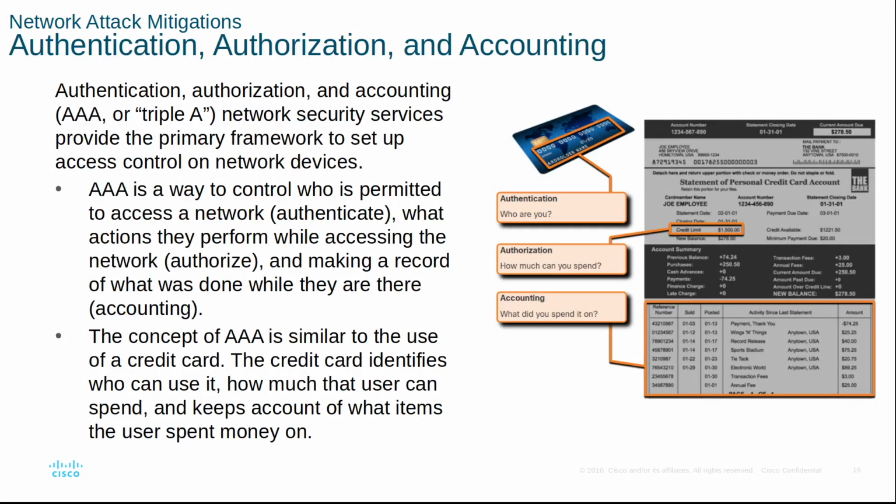AAA servers, I already talked about these a little bit, right? We're going to go into a bit more depth now. So that's authentication, authorization, and accounting. It's controlling who is permitted to access your network, that's authenticate, what they're allowed to do, that's authorize, and make a record of what was done. Accounting, right?